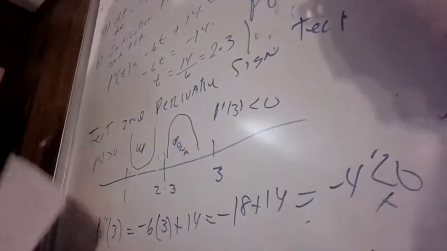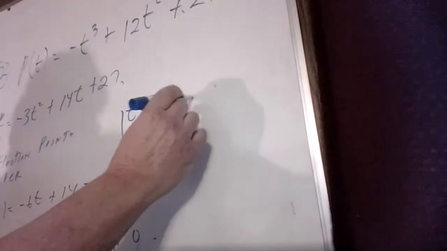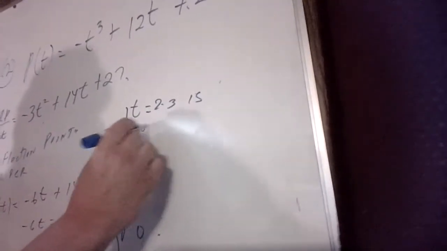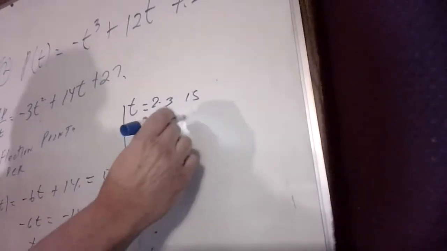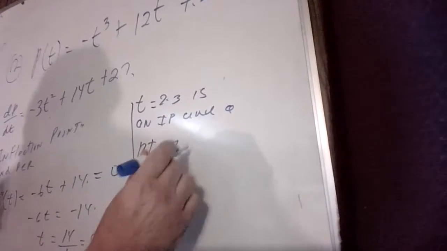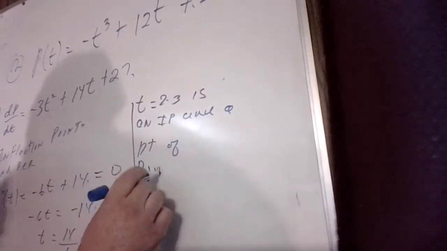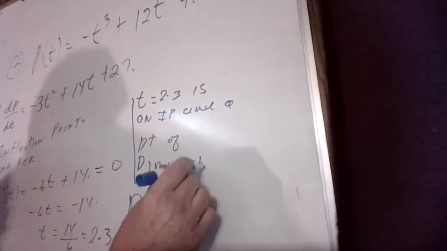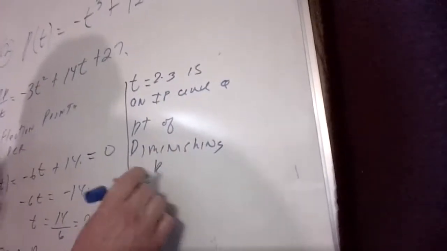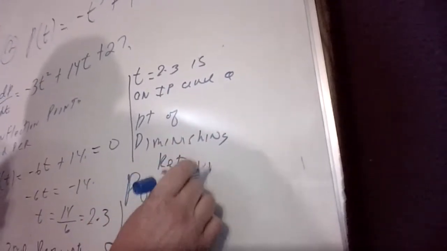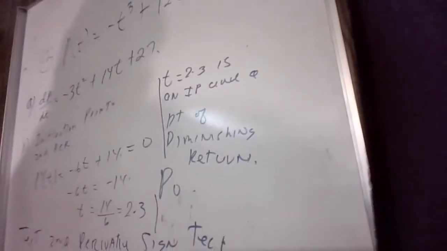So yes, we can say here, finally, t equals 2.3 is an inflection point and a point of diminishing returns. All right, so you'll have one of those on the exam, definitely.